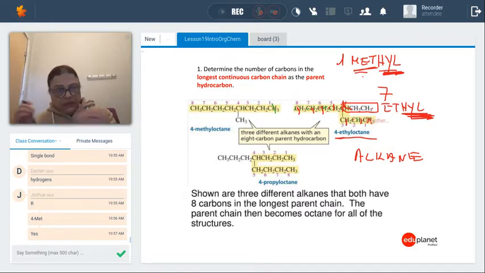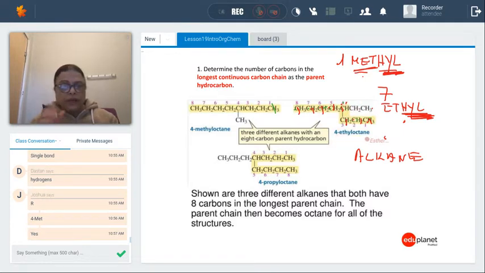Why octane? Because the longest continuous chain is 8 long. So octane, and the branching is at position 4 and has 2 carbons to it. So that is ethyl. Okay, so we count also in this case from right to left. We don't count from left to right, because if we did 1, 2, 3, 4, 5, the branching would be at carbon 5.